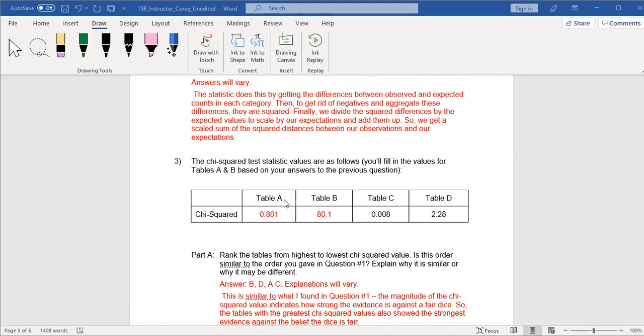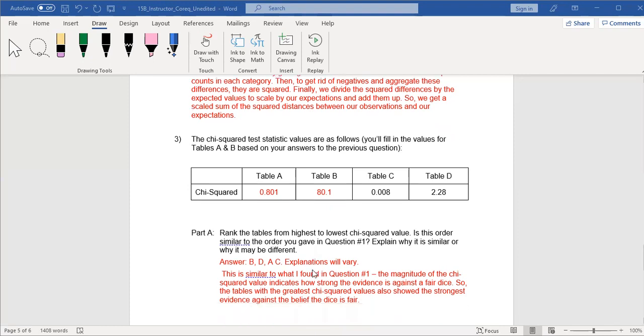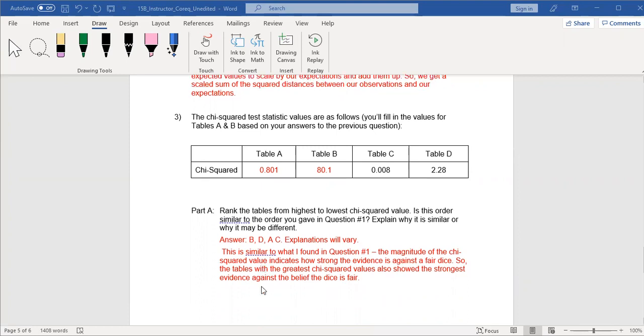Can you explain why it is similar, or why it's different if yours is different? For me it's similar, because the magnitude of the chi-square value indicates how strong the evidence is against a fair dice. The tables with the greatest chi-square value also show the strongest evidence against the belief that the dice is fair.